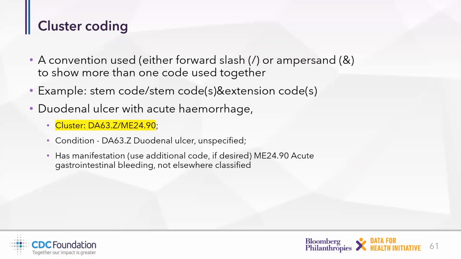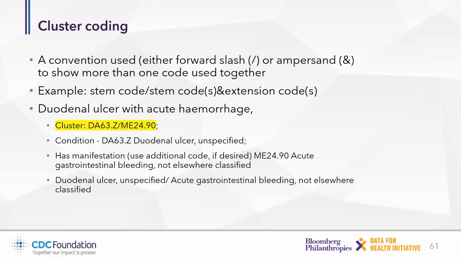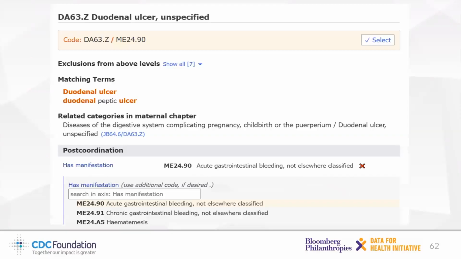Therefore, we use an additional code to indicate hemorrhage. The code is ME24.90, acute gastrointestinal bleeding not elsewhere classified. So we combine the two codes together to indicate duodenal ulcer unspecified and acute gastrointestinal bleeding not elsewhere classified.